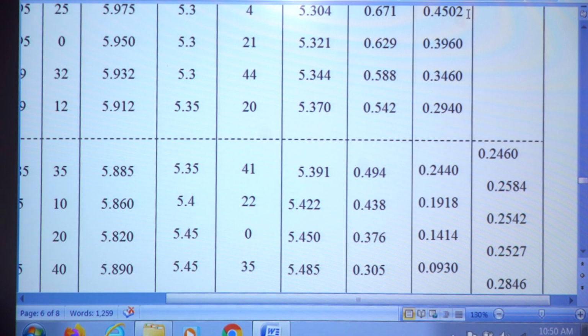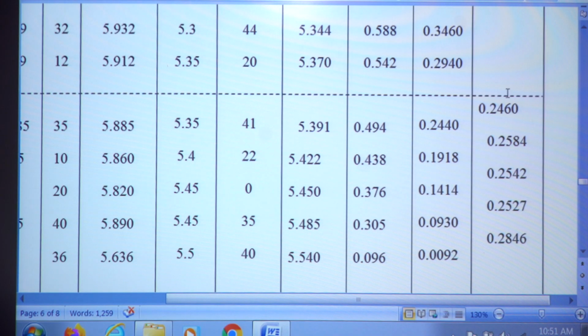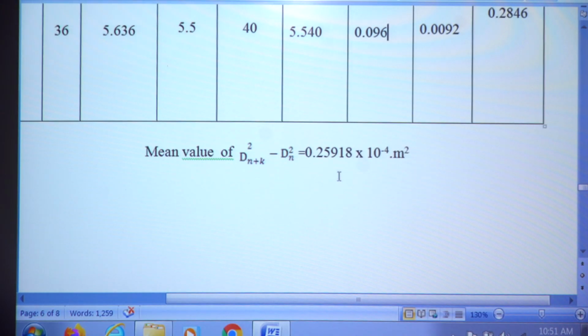Similarly, the 18th and 8th one, 16th and 6th one, 14th and 4th one, 12th and 2nd one, we get d(n+k) square minus d(n) square, and the mean is calculated, that is 0.25918 into 10 to the power of minus 4 meter square.